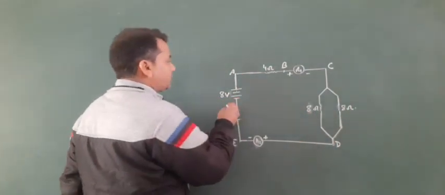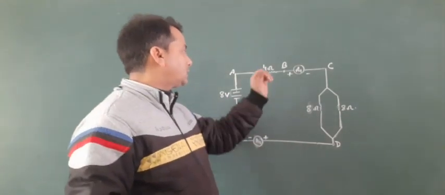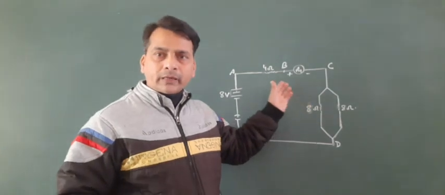So here the potential difference is 8 volts, and another resistor of 4 ohms is used between A and B, and here the meters A1 and A2 are used.